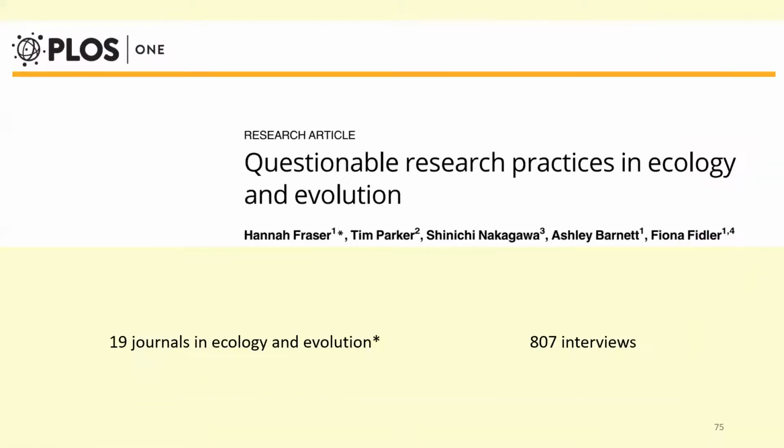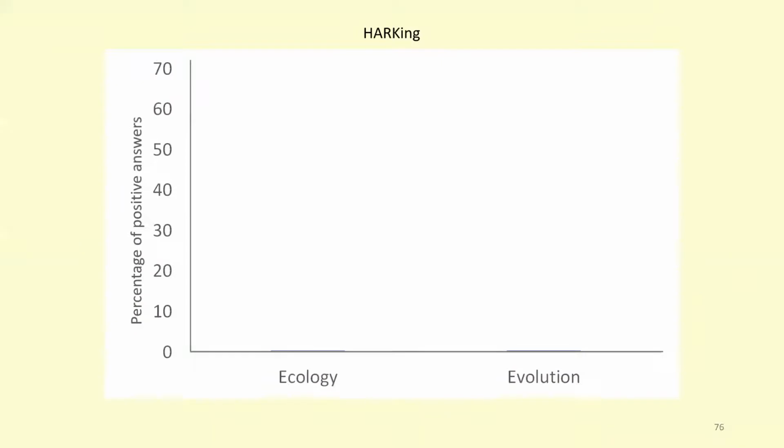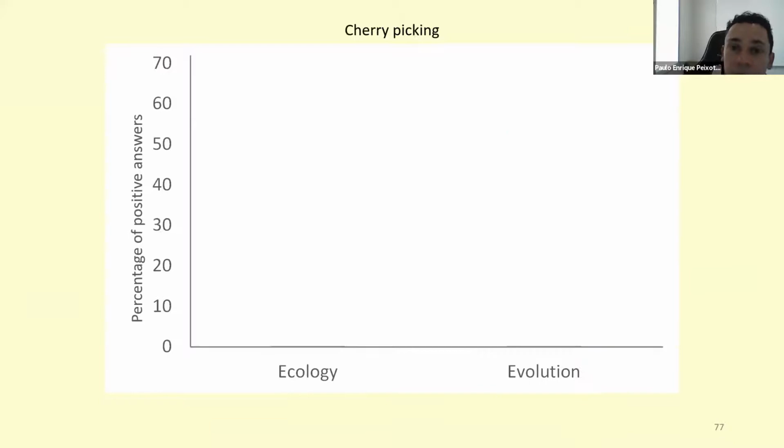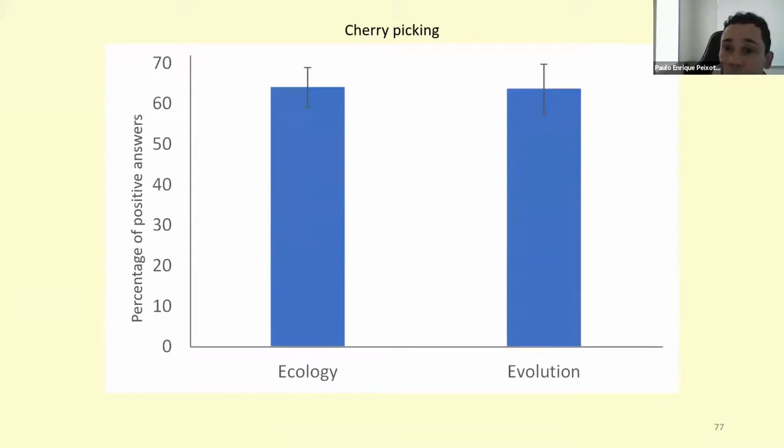Yeah, HARKing. So in HARKing, these were the percentages. Around 50% of researchers have reported that they did HARKing, okay? And that's a problem. It means that almost half the articles that we are reading may contain hypotheses that were created after seeing the results, but we don't know this. For cherry picking, that was the result.